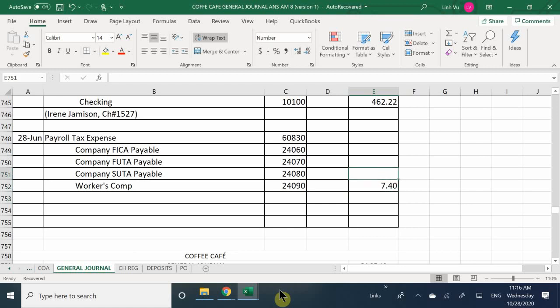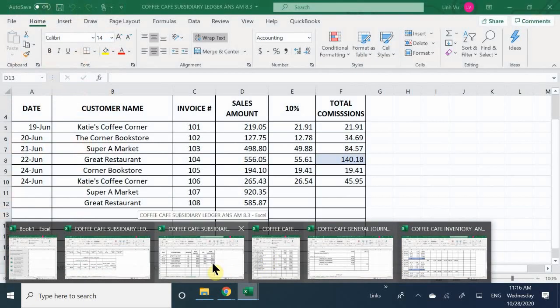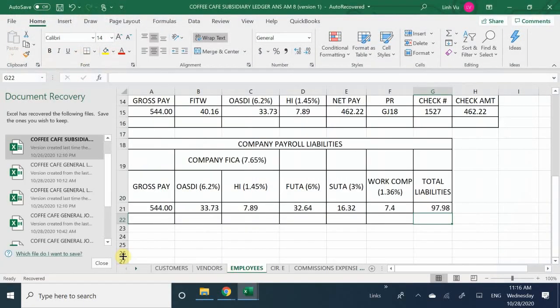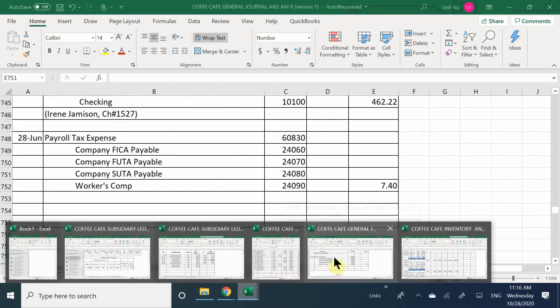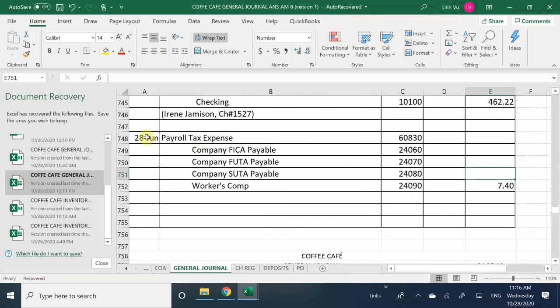How much was SUTA? 1632. How much was company FUTA? 3264. And then this is where we have to do a calculation here.